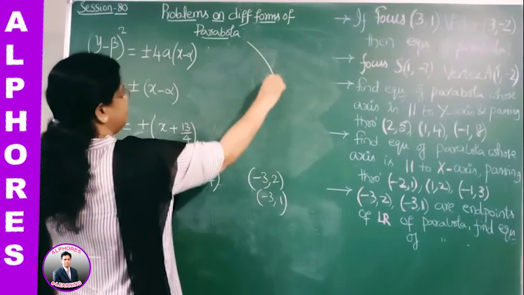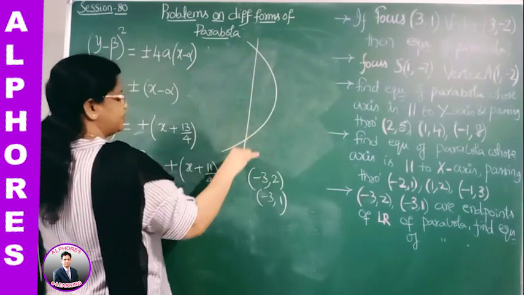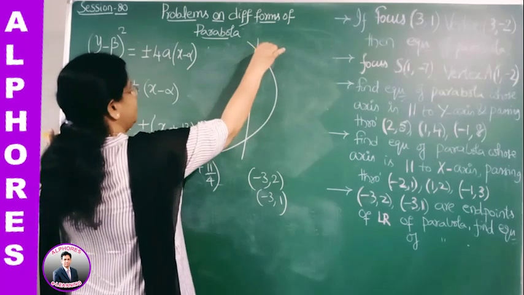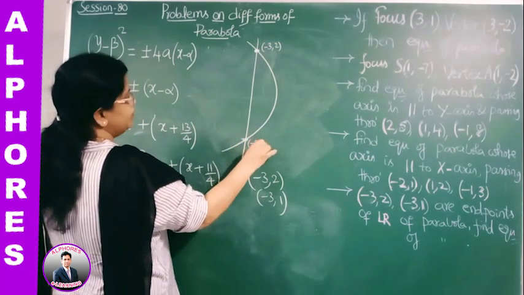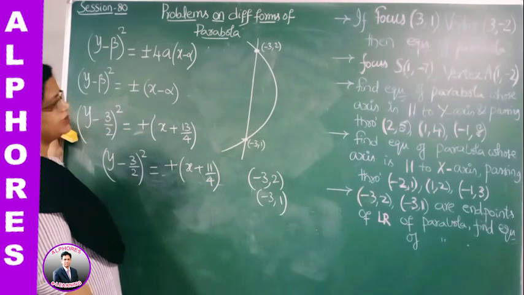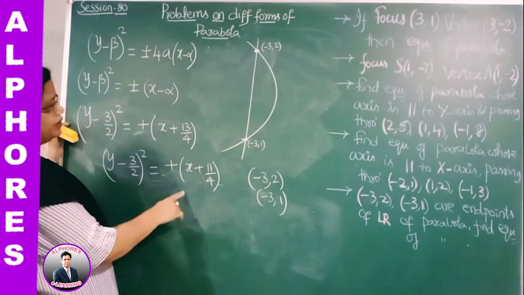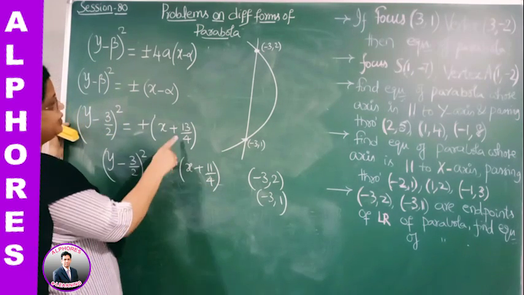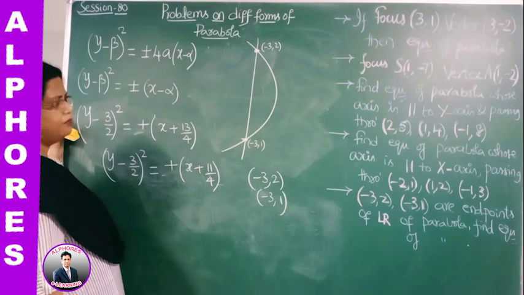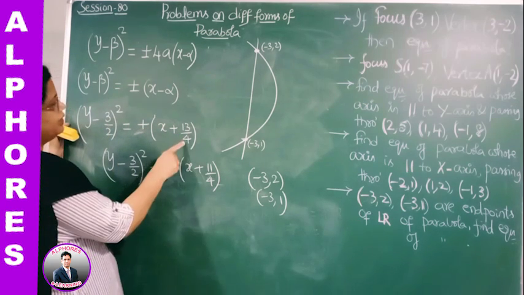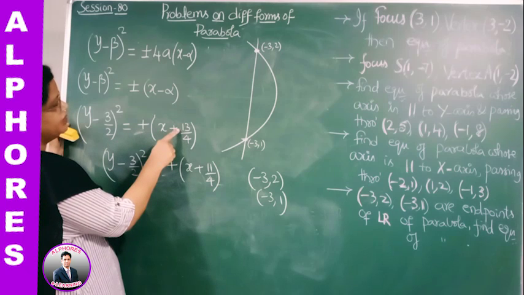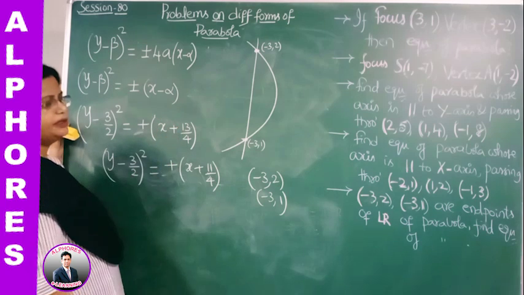This is minus 3 comma 2, on the negative side of the x axis, and this is minus 3 comma 1, negative side of the x axis. And the next value you got is the vertex. What is the vertex here? Minus 13 by 4, 3 by 2. So minus 13 by 4, what is this value actually? Minus 3 point. Understand? Minus 3 point.